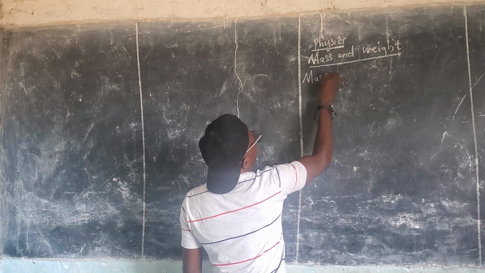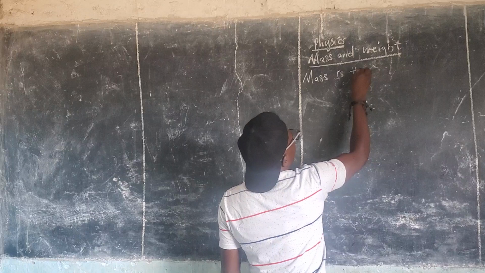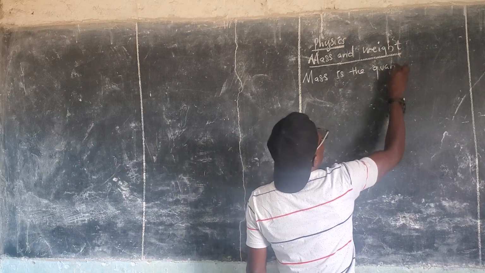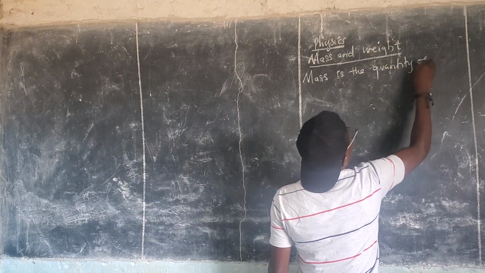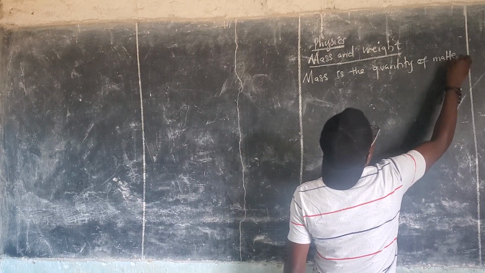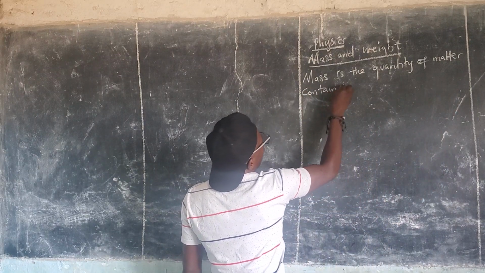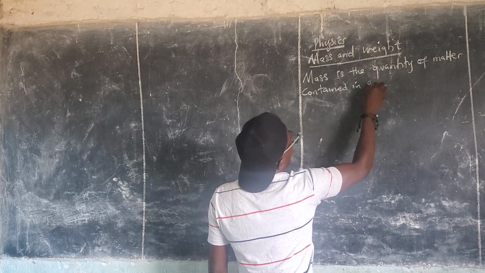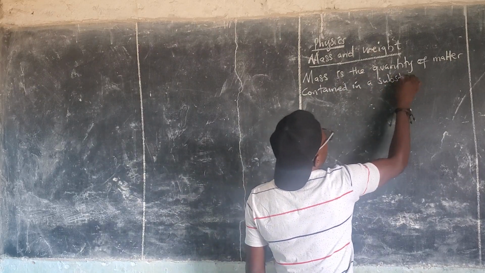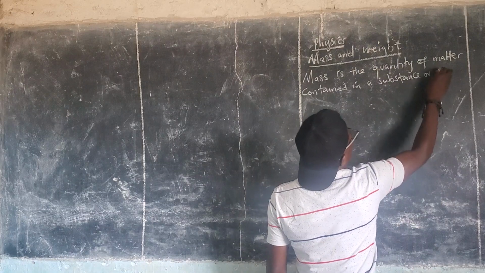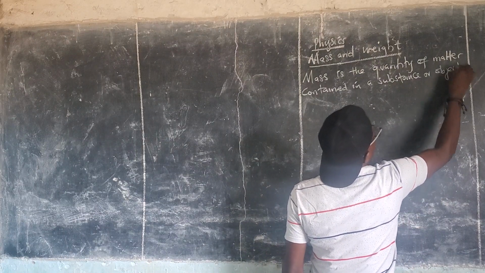Okay, so we're saying mass is the quantity of matter contained in a substance, or we can say object.